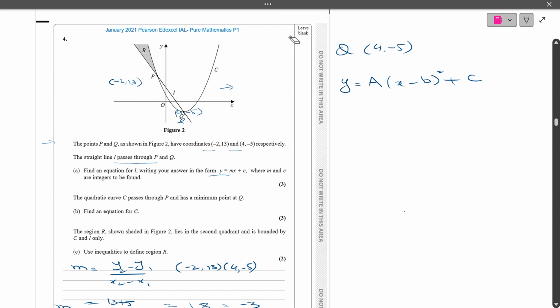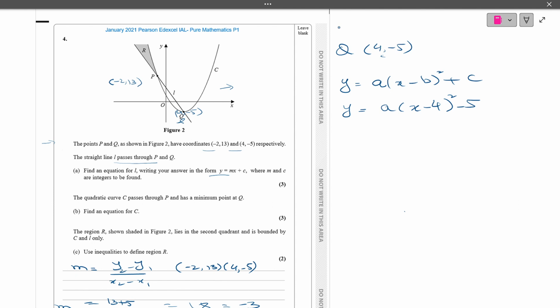So a, I don't know, x minus 4, because this is 4, and c is -5. Okay, so this is done.